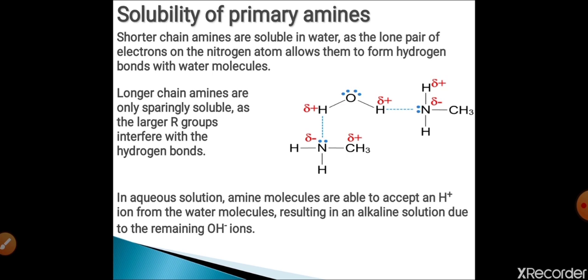Pure amines are generally colorless, but on exposure to the air, they become slightly colored. For example, aniline is colorless, but when we keep it for a long time in a stored vessel, its color becomes slightly yellowish.